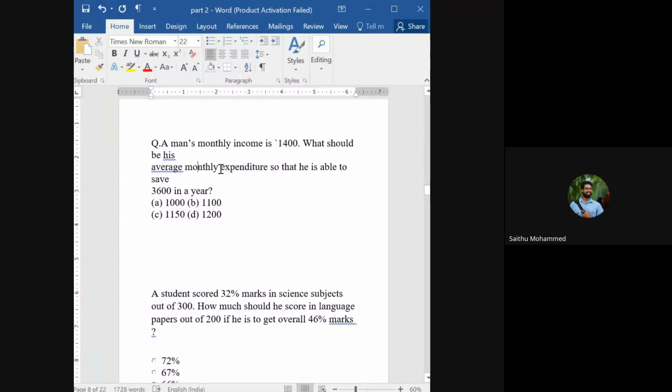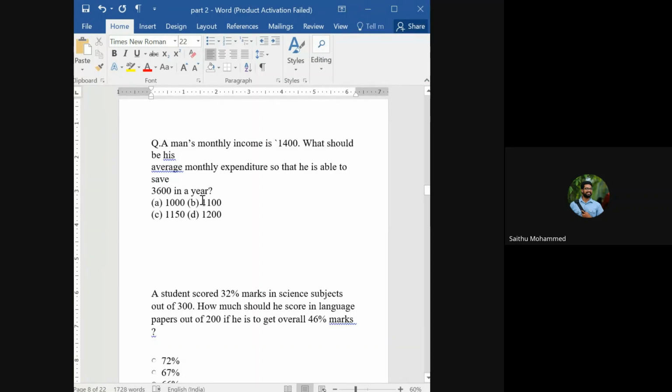Please don't forget the concept of savings, expenditure, and income: income minus expenditure equals savings. That concept should always be in your mind. So here, what should be his average monthly expenditure so that he is able to save 3,600 rupees in a year? 1,400 rupees he is getting.